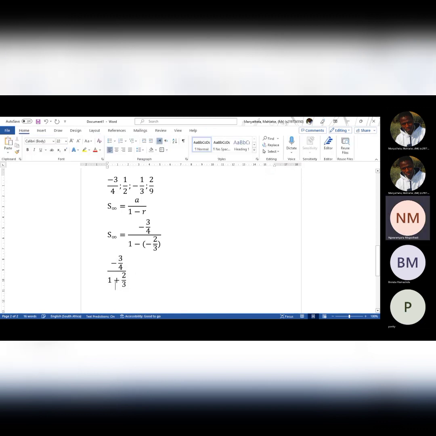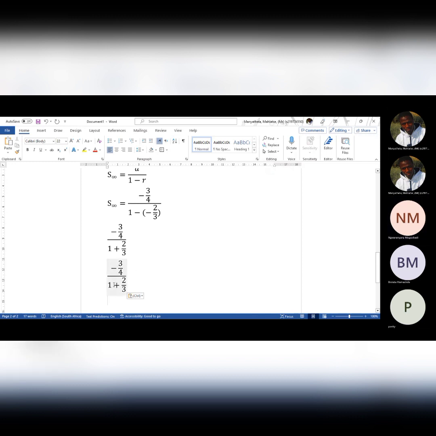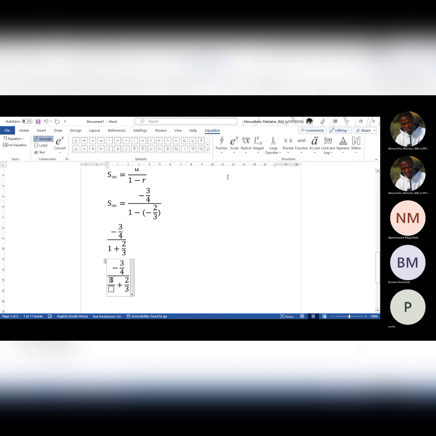Now the denominator has 1 plus 2/3. I must write it so that there is only 1 denominator. So 1 is the same as 3 over 3.